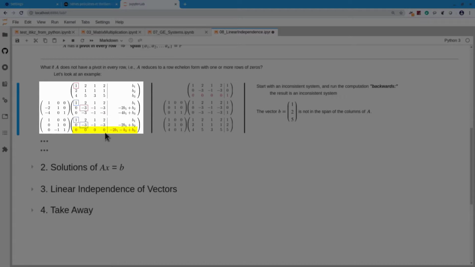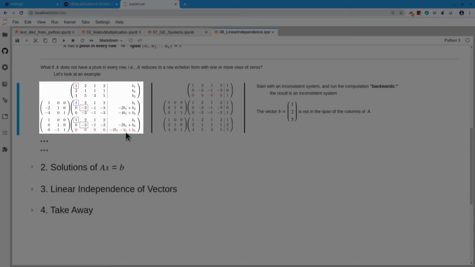As a consequence, in order for this system to have a solution, this right-hand side must equal 0. Let's say we do our computations in R, then I know that I cannot reach all possible right-hand sides. There are vectors b that do not satisfy minus 2b1 minus b2 plus b3 equals 0.